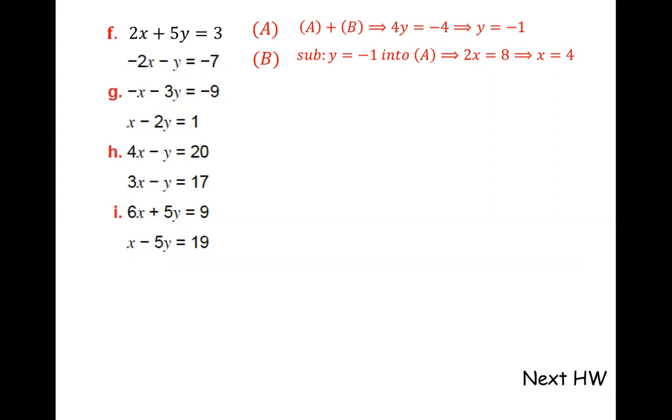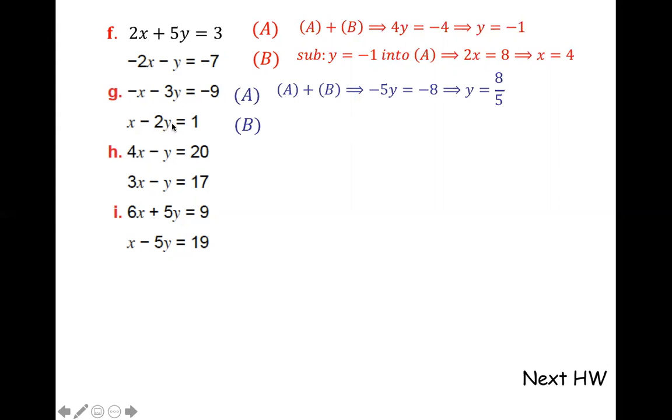Easy enough. The next one, once I got my a and b, I'm going to add them again because I've got -x and an x. So -3, -2, that's -5y equals -8. And then you divide by -5 on both sides. So dividing two negatives gives me a positive answer.